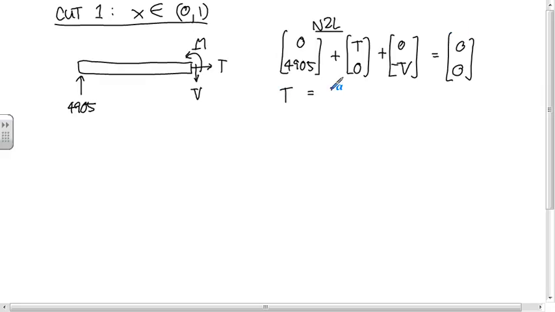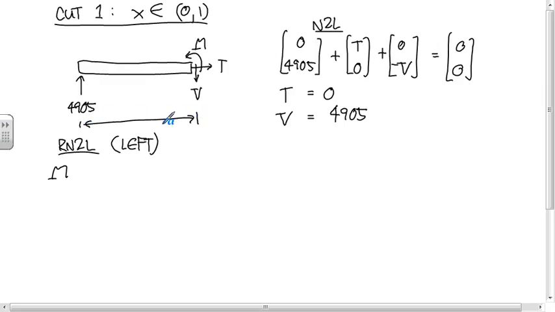So there's no tension. The shear force is equal to 4905. And then the moment equation, the about point is at the left end. So the 4905 force doesn't produce any moment. The couple produces a moment. And then the shear force produces a clockwise moment with a moment arm.